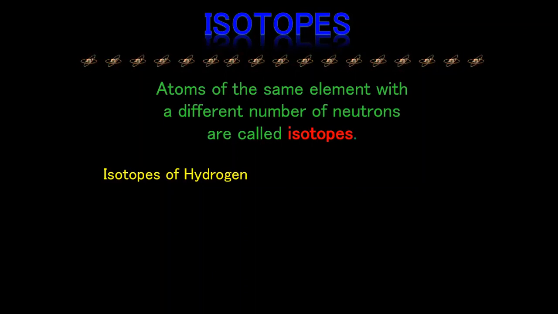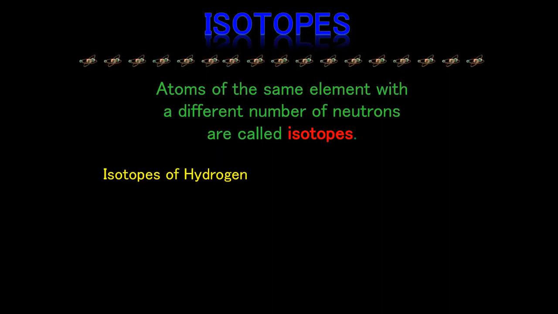It's not something you memorize, but you can look it up. Hydrogen has 3 naturally occurring isotopes, and every atom has a nucleus.